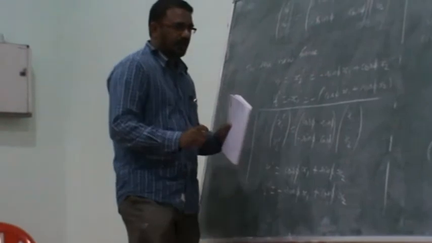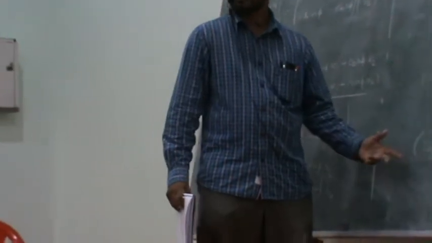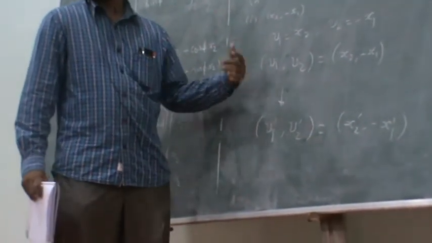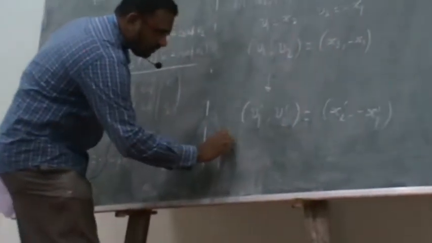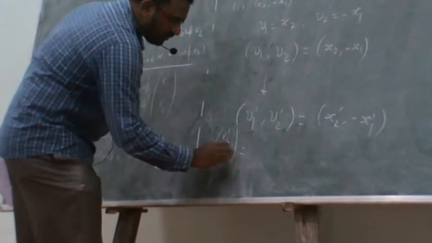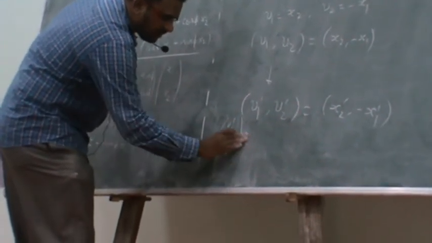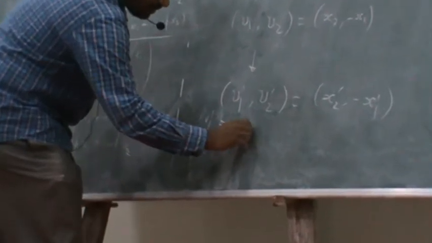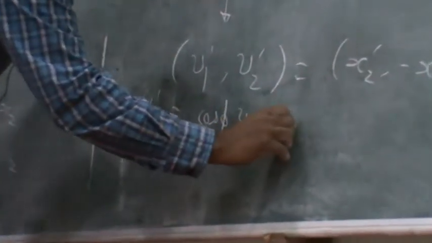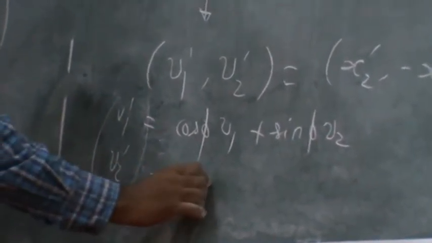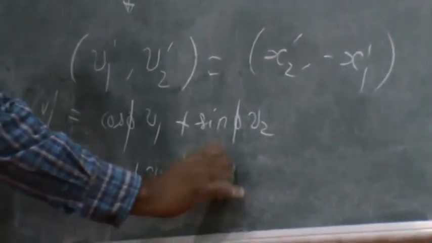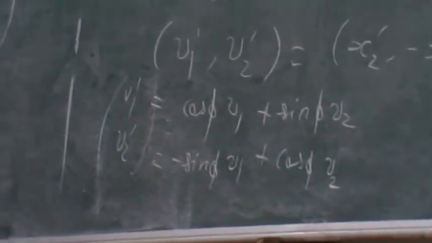Now we write explicitly the transformation for v1 prime and v2 prime, and substitute for v1 and v2. If it matches, then the transformations are right. So what is v1 prime? v1 prime is equal to cos phi v1 plus sin phi v2. And what is v2 prime? Minus sin phi v1 plus cos phi v2. What is v1? x2.